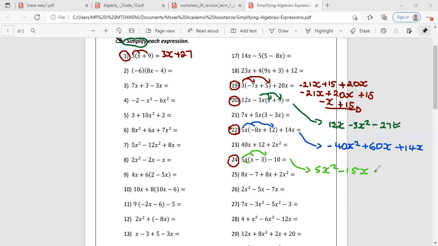Then subtract 10 as we are given. Then you are done. Why are we done? We're simplifying, we're not factorizing. You stop here.